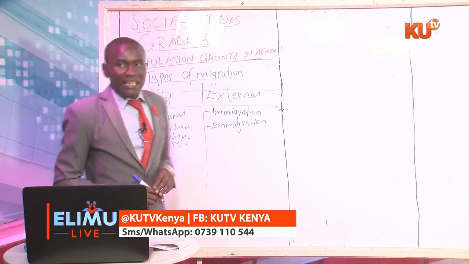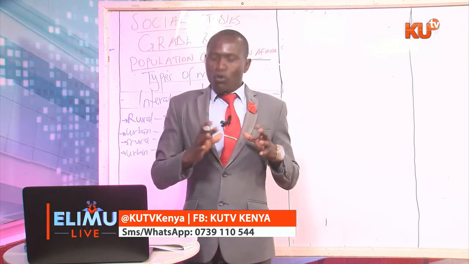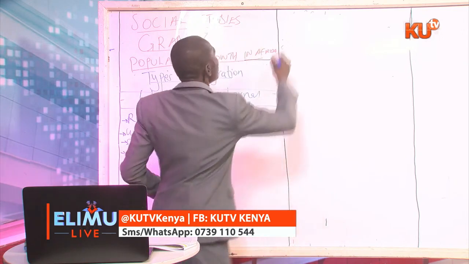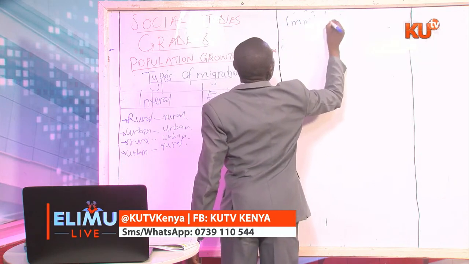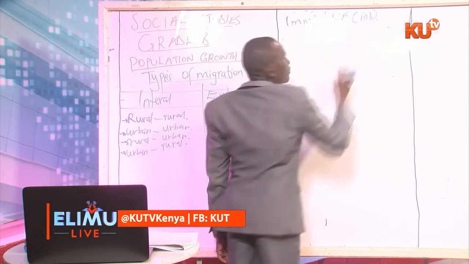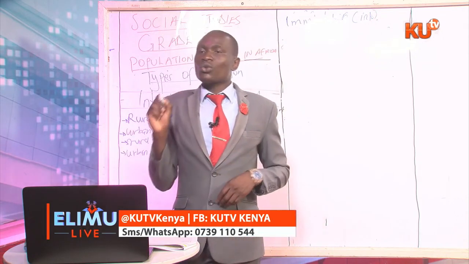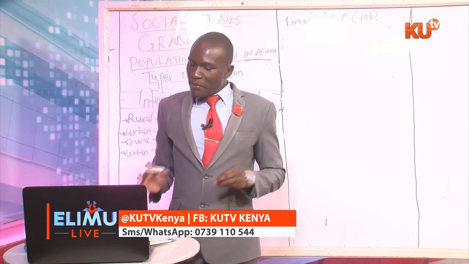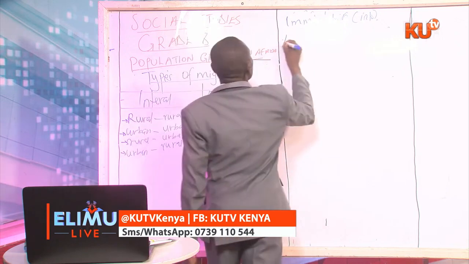migration. Under external migration, we have said it is the migration of people from their country to other countries. Immigration is the movement of people into the country. Emigration involves movement of people out of the country.